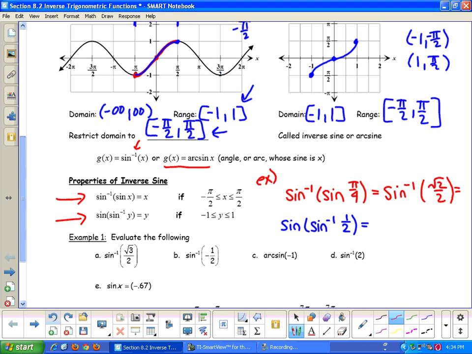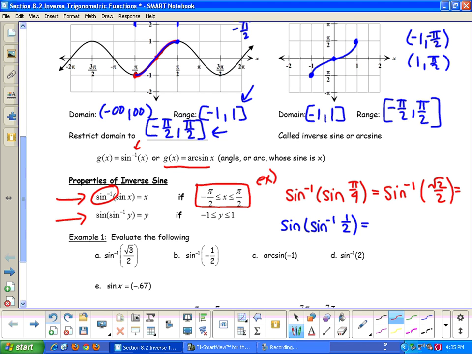So now we're going backwards from what we just did. So if I go backwards from what I just did, I'm saying the sine of what angle on my unit circle gives me root 2 over 2, and because I'm working with sine inverse in my equation, I can only have answers that are in between negative pi over 2 and pi over 2 because we purposely restricted our graph to do that. So for this, I know that I can only work with quadrants 1 and 4.